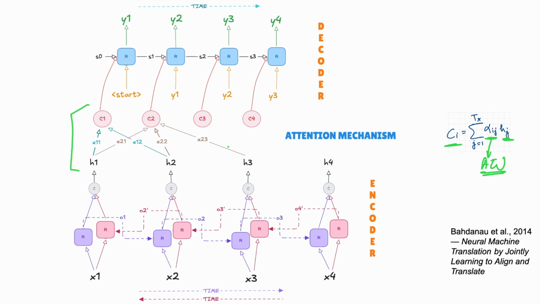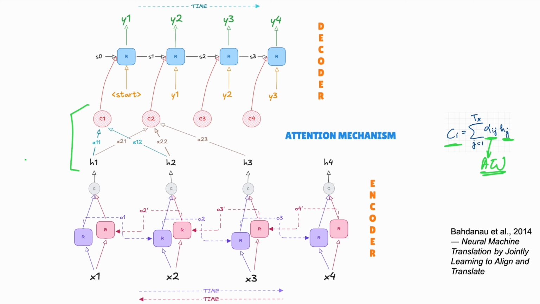Our focus here is h1 and h2. So for outputting the first token y1, we'll focus on the first two tokens and ignore the rest. That's why the weight is 0 for these connections and we have not shown them.